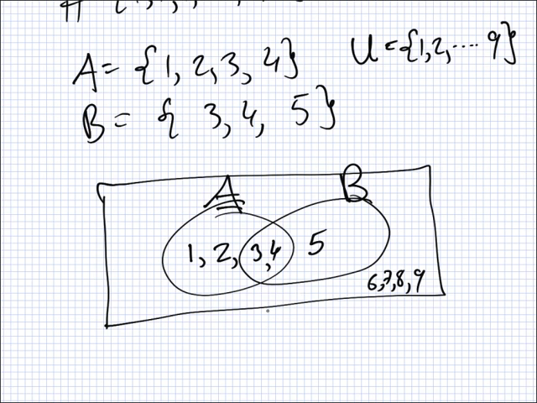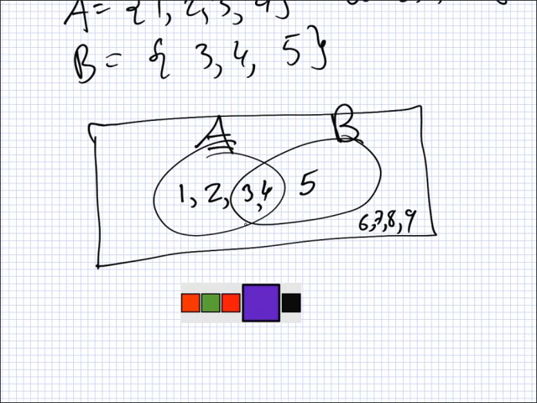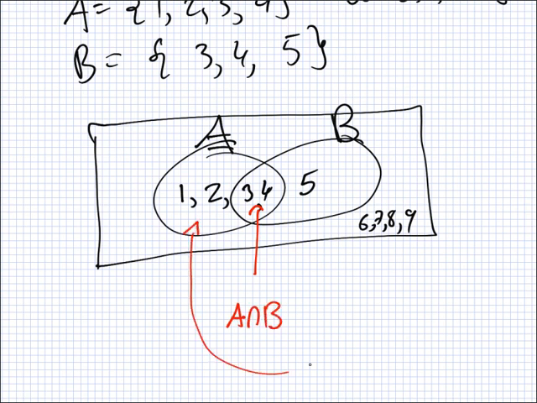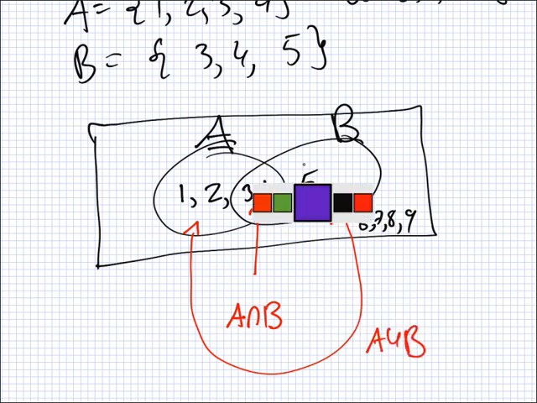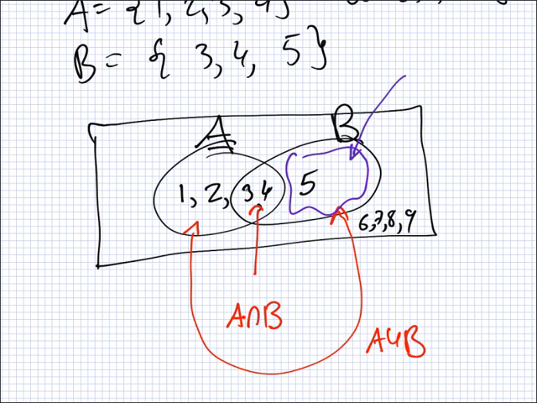Okay, I want to identify each part here. This inner piece is A intersect B. What about both circles together? A union B. What about only this piece here? No, because B would include this.